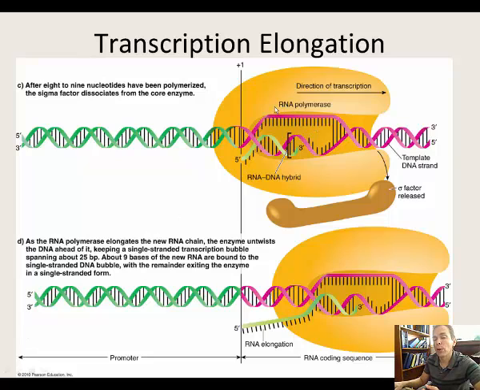This is the step known as elongation, and RNA polymerase travels from left to right in this diagram, and it synthesizes the new RNA, as we learned last time, in the 5' to 3' direction. In this diagram, the RNA is shown as a green strand. A portion of this RNA is hydrogen bonded to the template DNA, as you can see here.